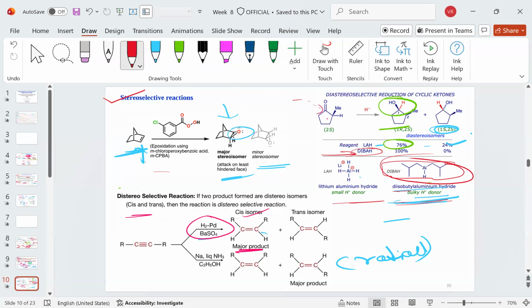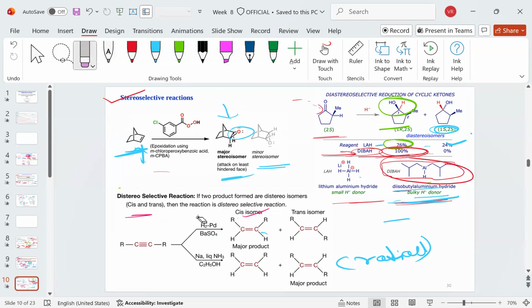So the attack from the bottom side is more preferable here, and we get almost 100% formation from the attack on the bottom side. So this is the example. We can improve the selectivity in this stereoselective reaction.